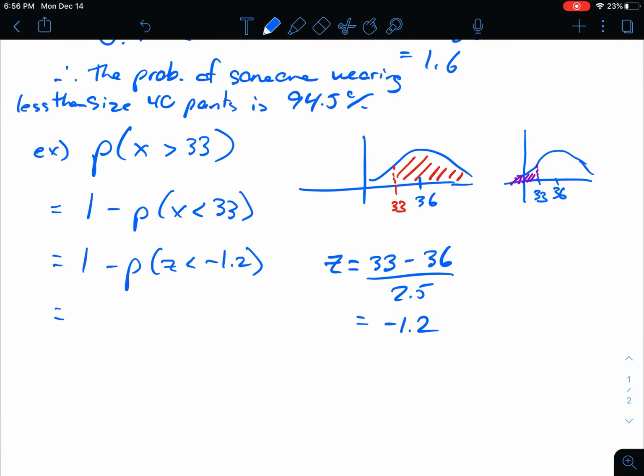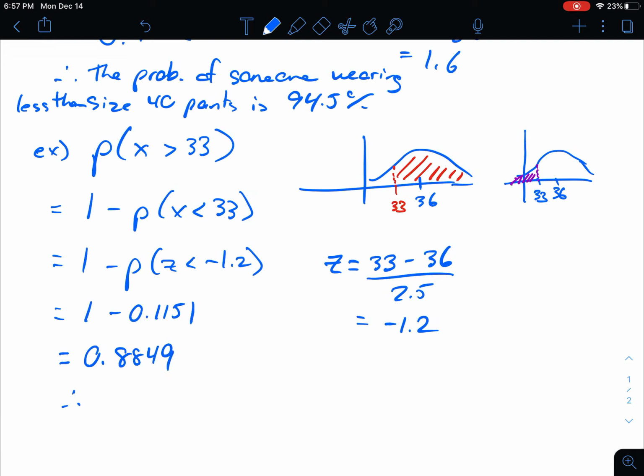So this is the same as 1 minus 0.1151. That is the probability of z being less than negative 1.2. I keep saying z because I'm Canadian. I know in America they call it z, but same thing. Okay. So now we're just going to do our final subtraction here, and we end up with 0.8849. And that's the answer.